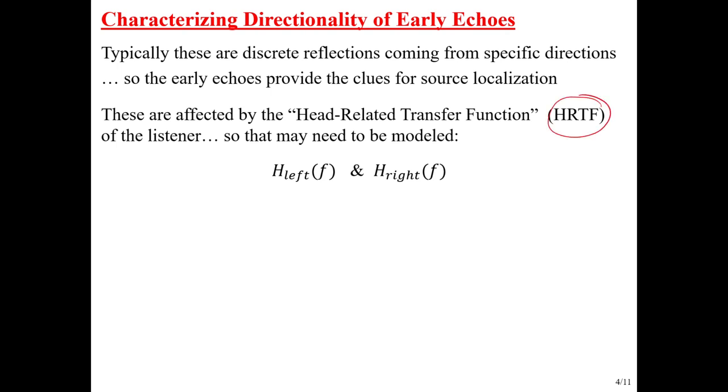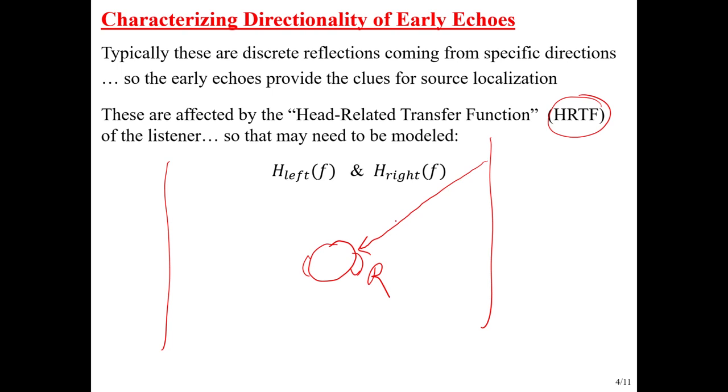Suppose I'm looking down on top of a person's head, and those little things I just drew are the ears, and suppose we have walls over here. If something is coming from here, it gets a direct shot into the right ear, but it has to kind of diffract around the head to get into the other ear.